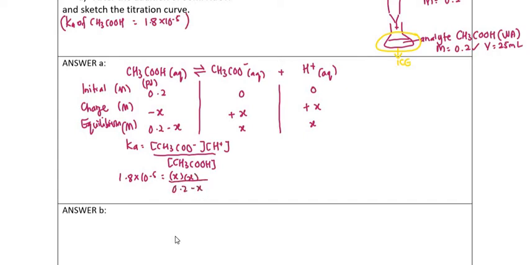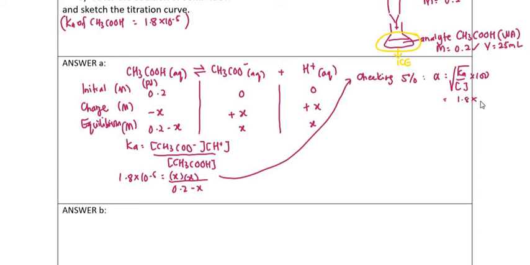over 0.2 minus X. As usual, you have to check the 5%. Why do you have to check? Because the Ka value is given. Ka over initial, square root, times 100. 1.8 exponent negative 5 over 0.2, times 100, and you get here 0.94%.